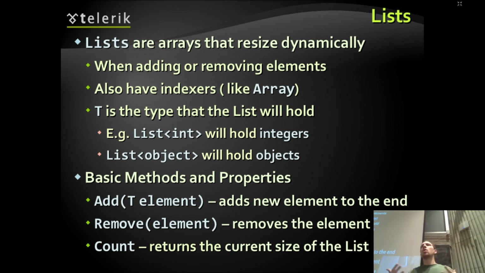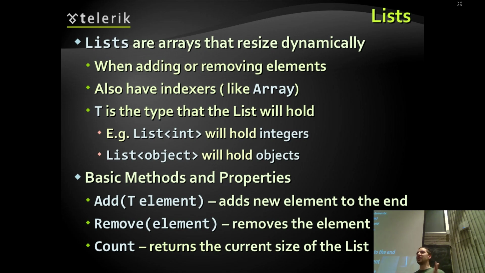Okay, so a list is a dynamic array. We actually have methods that we can use to modify it. We can add elements onto the end. We can remove elements in the middle. And we can always tell if a variable is an array or a list because they don't represent their size the same way.